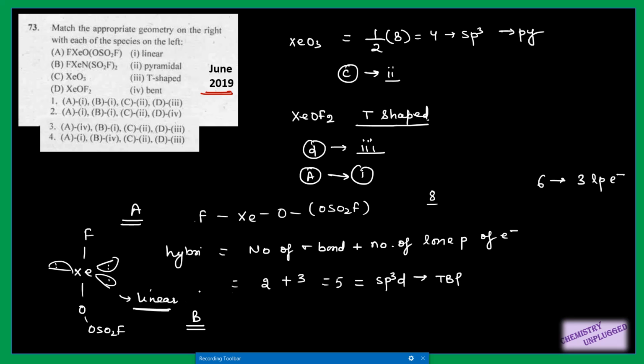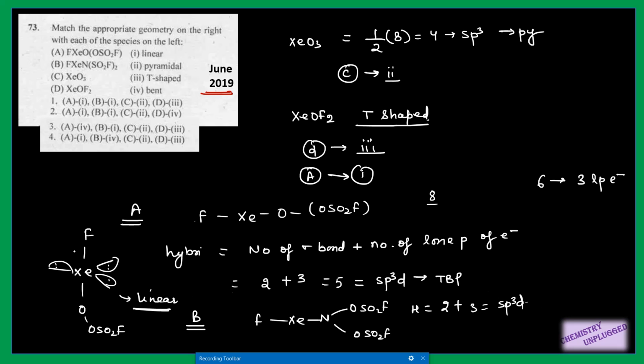So let's come back to our question, that in case of B you will have a structure like this. This is attached with these two groups. So again we will try to find out the hybridization. The number of sigma bonds is 2. Number of sigma bonds, always count the sigma bonds which are attached with the central metal atom. So it will be 2, and the lone pairs of electrons are again 3. So it will also have the hybridization sp3d, right?